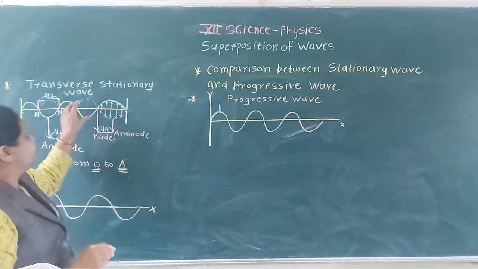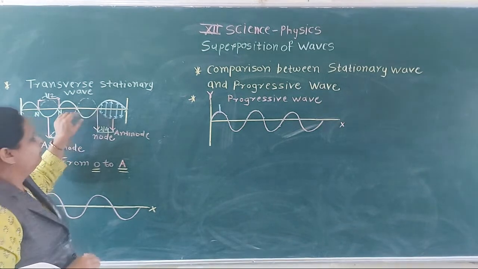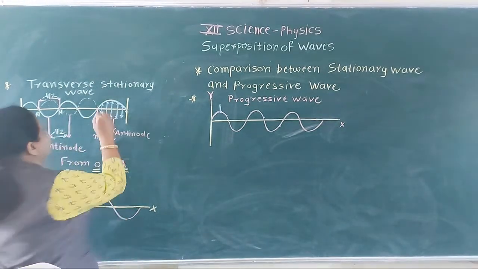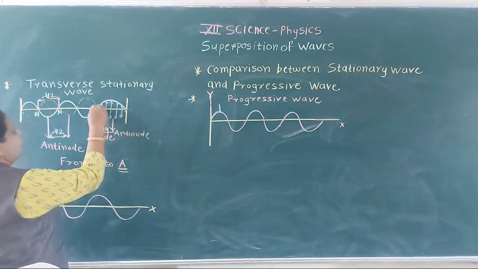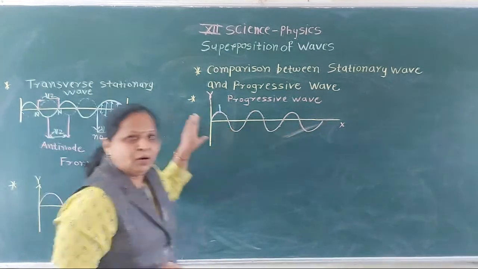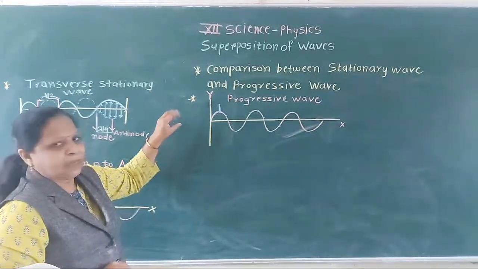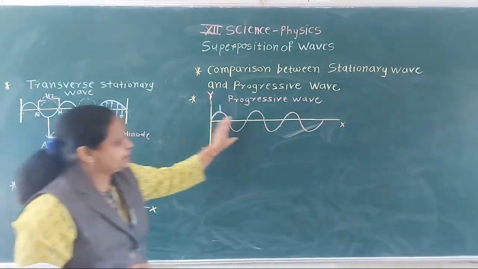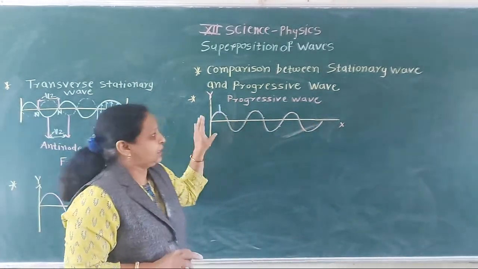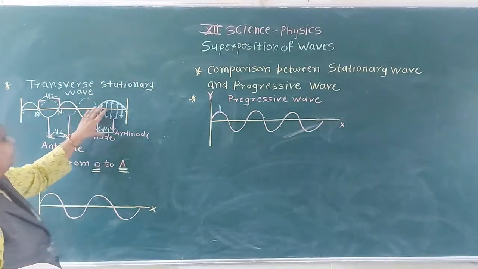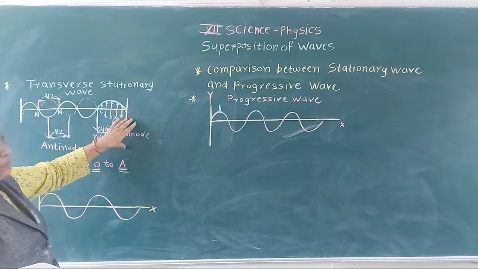Now in a stationary wave, there are some points where the particles do not move. There is no motion, so this point is known as the node point. In a progressive wave, all the particles are moving, and energy is transferred from one region to another region. In a stationary wave, energy is not transferred.